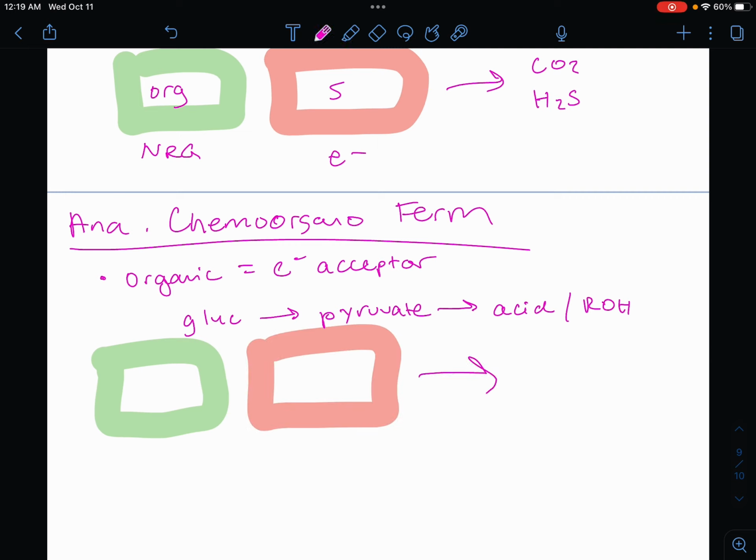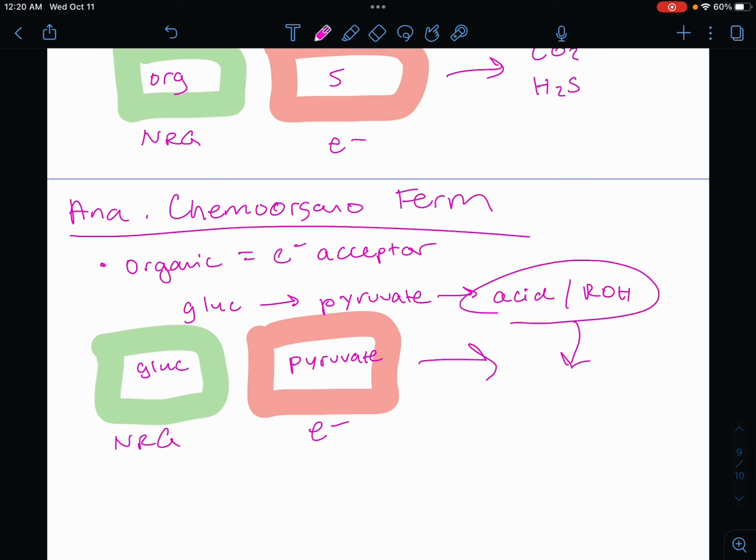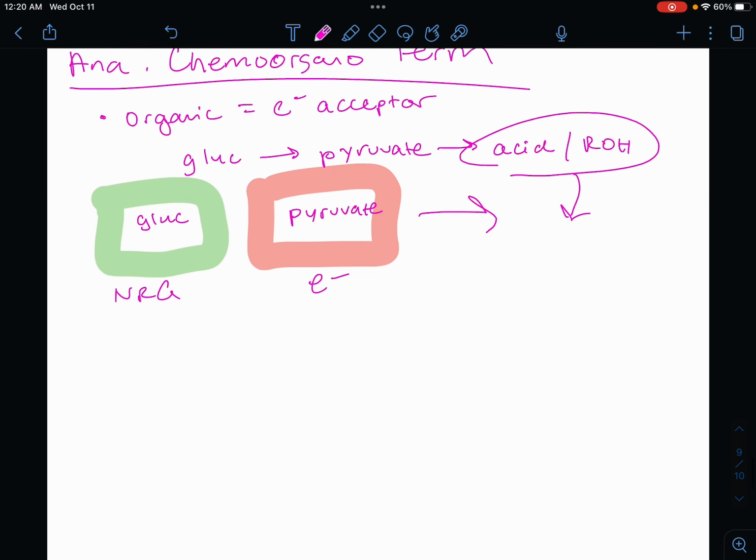Here we're going to have glucose as the energy source, then pyruvate as the electron acceptor, and then of course we have our acid and alcohol on the product side.